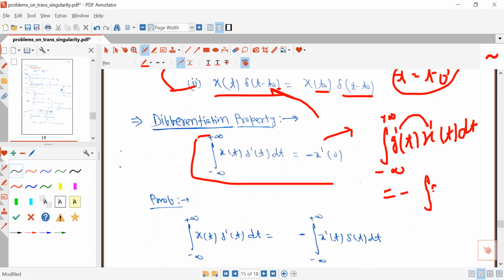This will be equal to minus g t times x differential t dt from minus infinity to plus infinity.